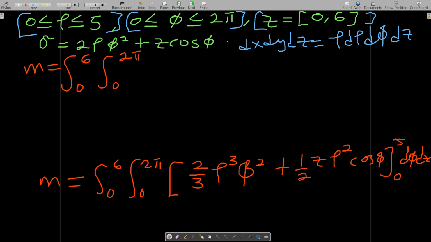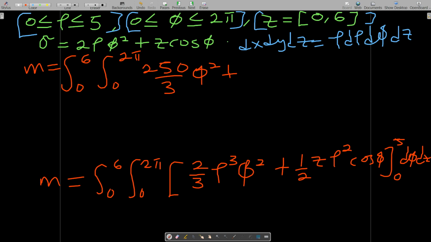5 cubed is 125, times 2 over 3. So let's do it quickly, and we have 250 over 3 rho squared, sorry, 5 squared, then plus half of 5 squared.